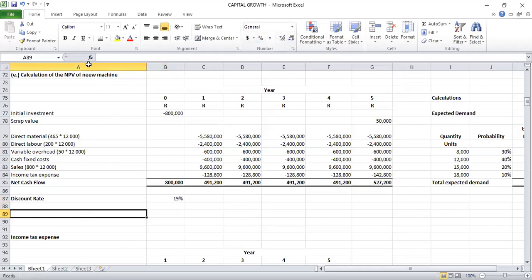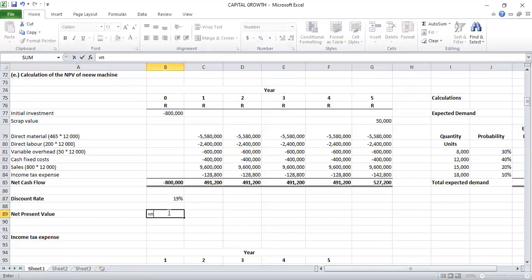Then our net present value. We can then use our financial calculator. As I said, if you have a challenge with your financial calculator, you can contact me. But I saw nobody contacted me. That means all of you are comfortable with your financial calculators. I will use Excel here.